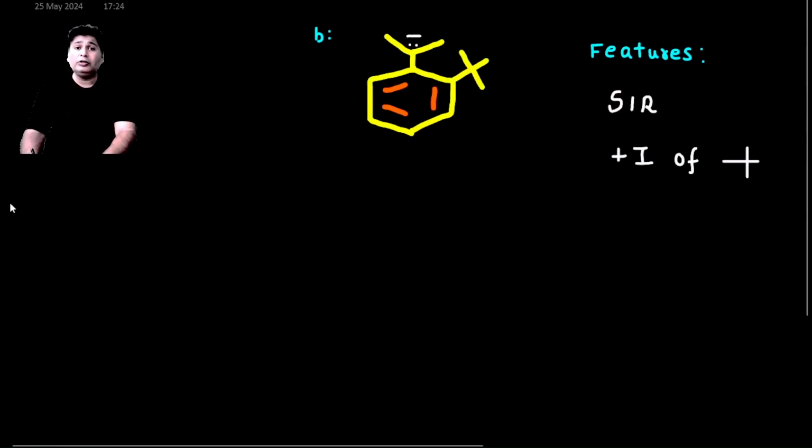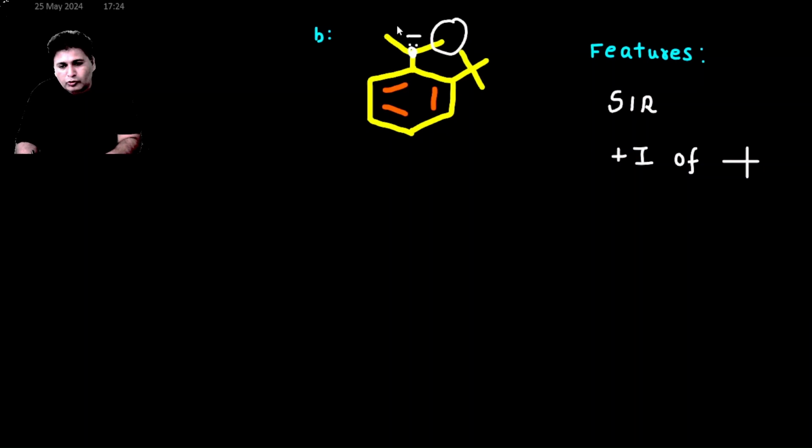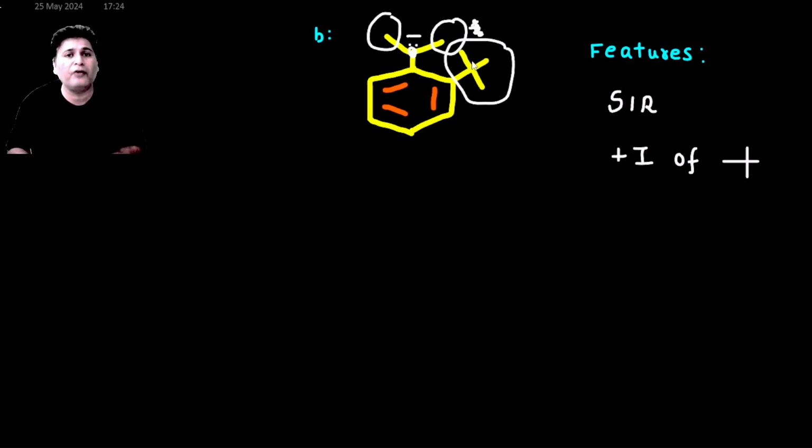Now coming on to B, you understand the B situation. I have already explained that because the 2 methyl groups are here and this is a tertiary butyl group, it is already a big group, so there is a steric repulsion, a fight for space.